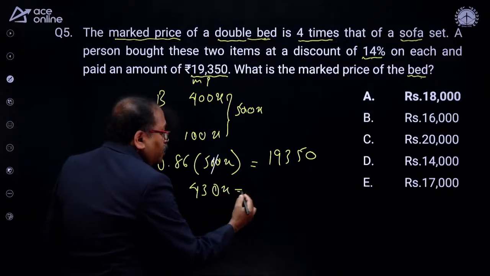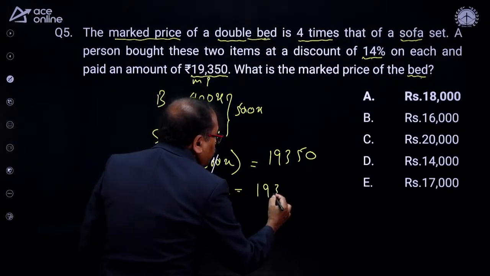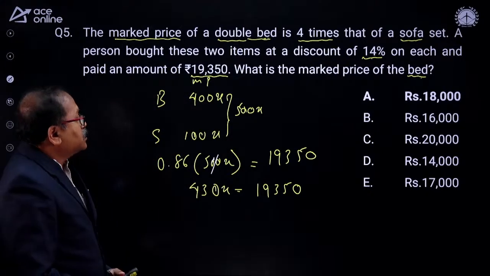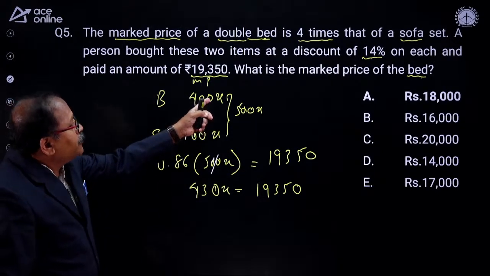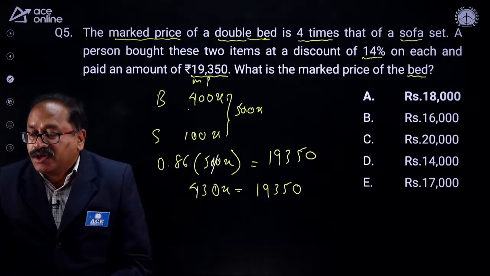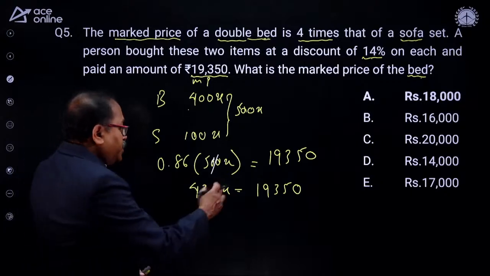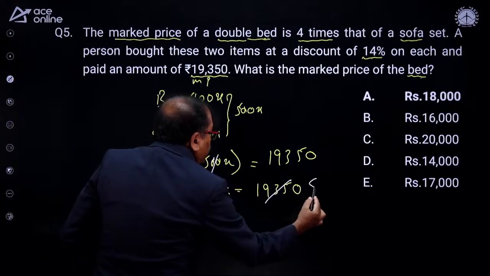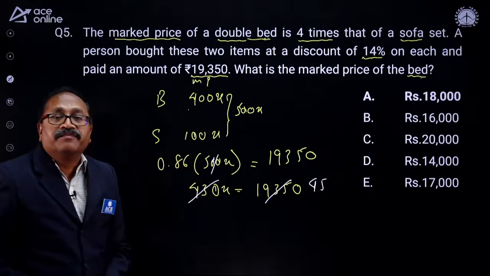So x is equal to 350. So what do we need? We need the value of x so that I can find out the bed price. Bed price is 400x. See how many times this is cancelling here. You will notice that this is getting cancelled by 45 times. So x is equal to 45.